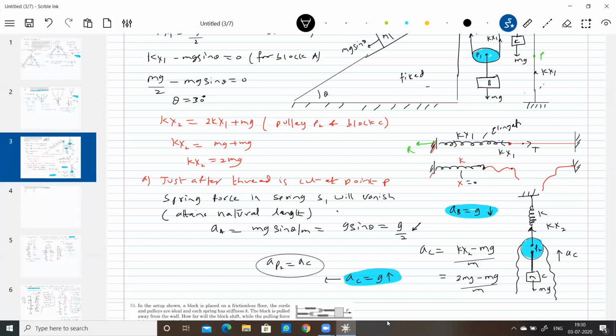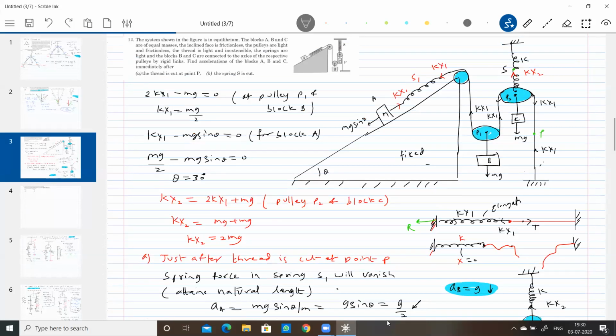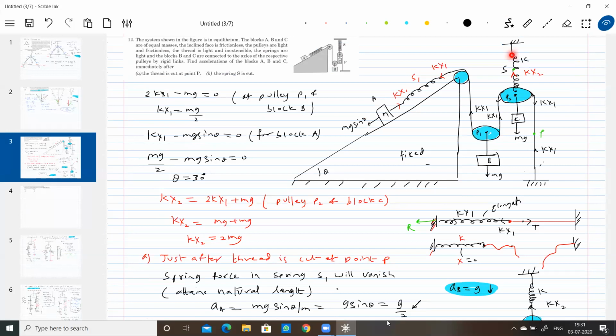Sir, but what about the spring S1, the normal reaction by the wall, sir, in that diagram above? Which one? This particular thing? Yes, sir, you cut the string and you drew a diagram down. This normal reaction by the wall.